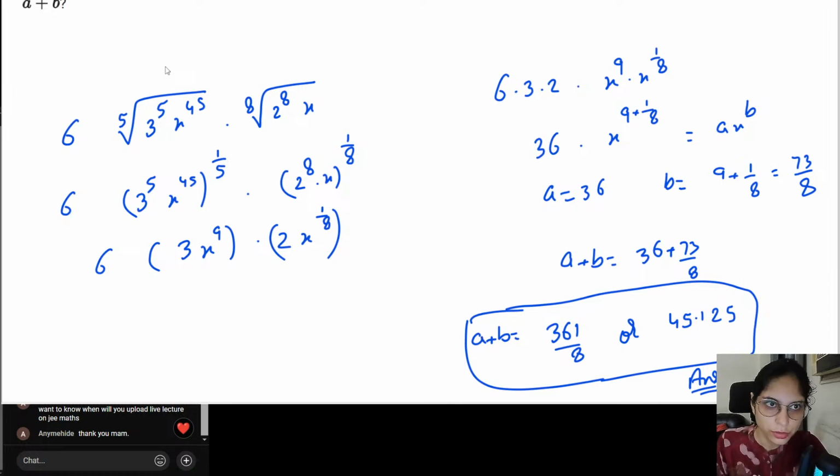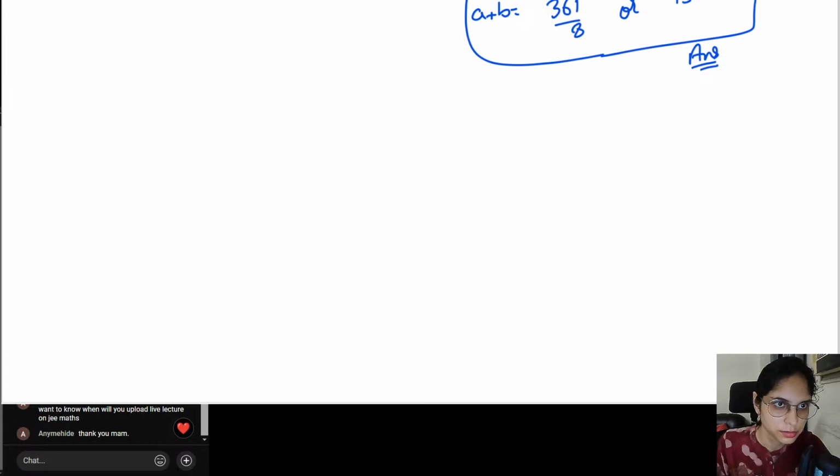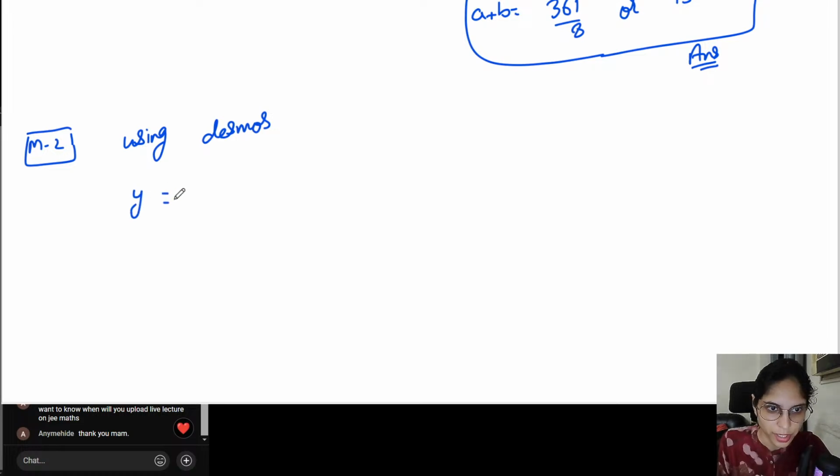Okay, how can we do this using decimals? That is what we will learn before moving forward. I was thinking how it can be done. We write y is equal to question.